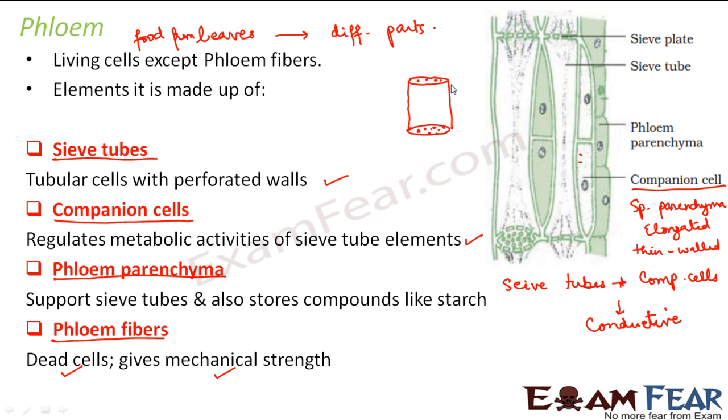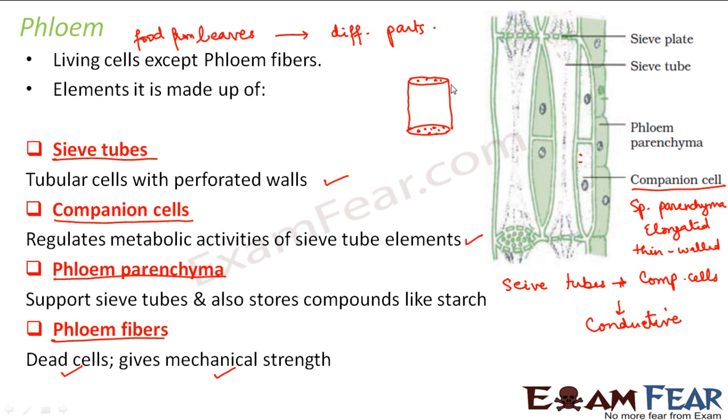So in plant tissues, what all did we discuss? We discussed the purpose of presence of tissue in a plant. The main purpose is support, right? Another purpose is conduction of nutrients, minerals, water and food materials to different parts of the plant. We talked about the types of tissue, wherein we discussed the meristematic tissue and permanent tissue.